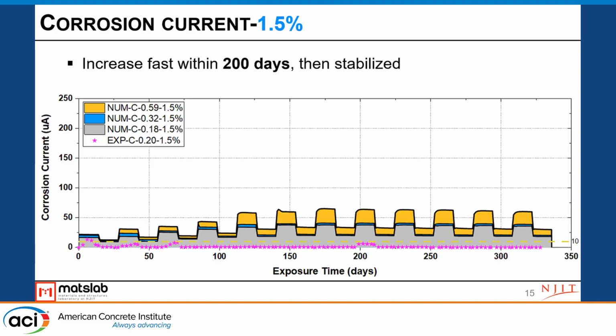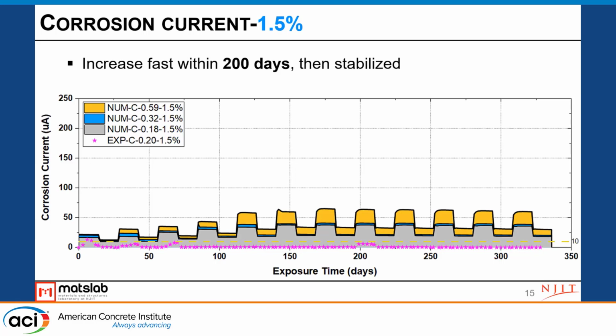Another observation is that we can see the corrosion actually increasing fast within about 200 days, and after that, it starts to stabilize. It's not increasing significantly after a certain time. And from crack width of 0.18 to 0.32, the increase of crack width is kind of big.